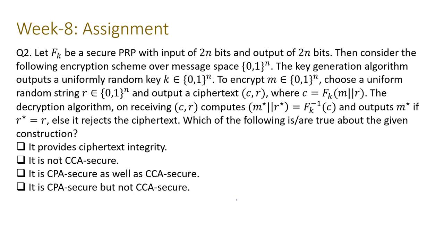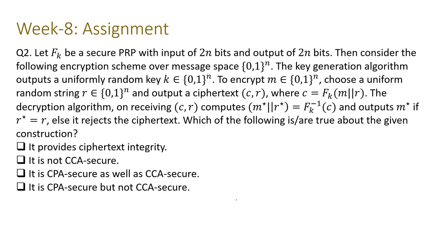So let us read the question first. Let Fk be a secure PRP with input of 2n bits and output of 2n bits. Then consider the following encryption scheme over message space {0,1}^n, that is n-bit binary strings. The key generation algorithm outputs a uniformly random key k, which is also an element of {0,1}^n.